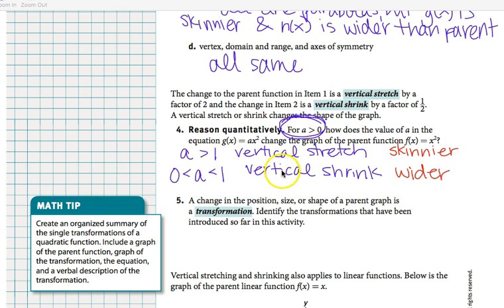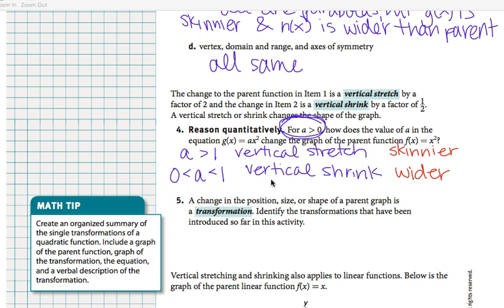So the way that I like to think about this is think about if you were holding a rubber band. If you take a rubber band and you vertically stretch it, that means the stretch means that you're going to pull, and vertically means you're pulling up and down. If you pull on a rubber band up and down, you're going to make it skinnier. You're going to stretch it.